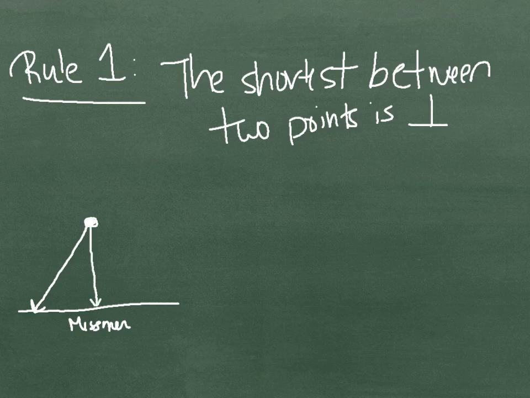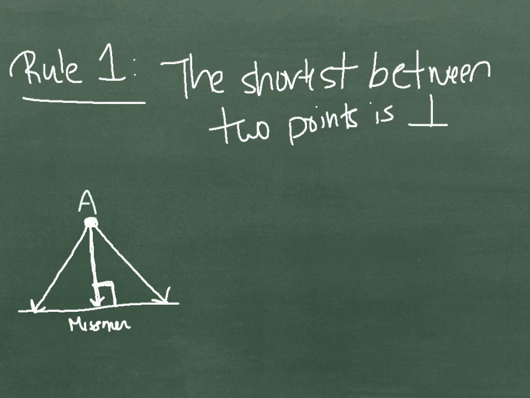Or let's say you go here and you could walk over to the end where the bridge is. Now clearly we know that the shortest path is going to be from here right to the front of the school. And you can see here that this point and this line is making a right angle, or it's perpendicular. So the shortest distance or the quickest distance between a point and wherever you're trying to go to is going to be a right angle or is perpendicular.